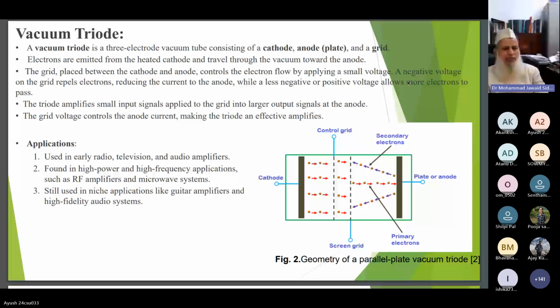This vacuum triode uses an additional electrode in the form of the grid by which we can modulate the signal. You know, modulation is one of the very important phenomena used to transmit the signal over large distances. So modulation you can do using the vacuum triode, not using the vacuum diode.